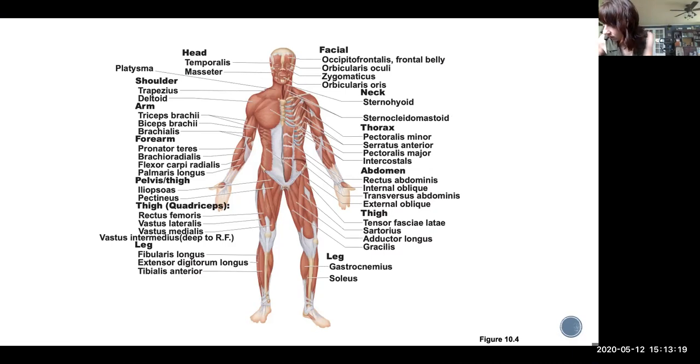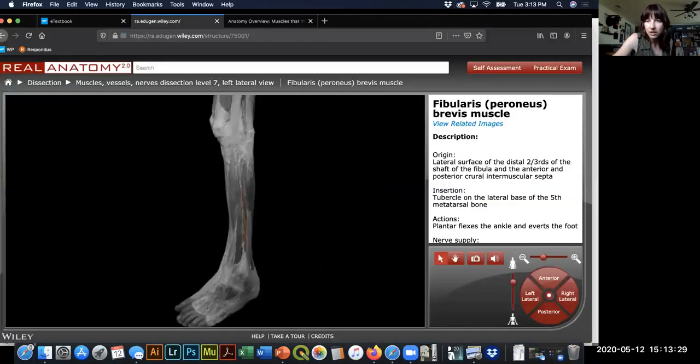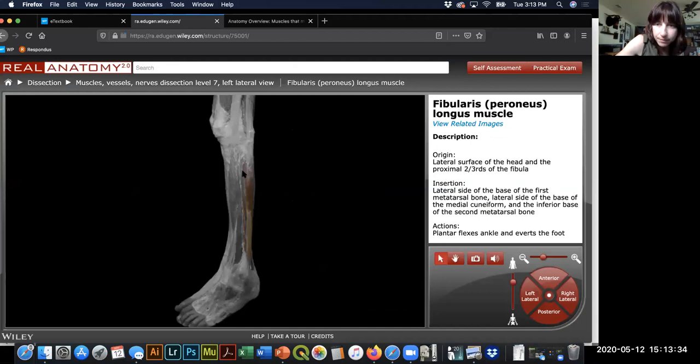Let's see, what's it called in your coloring book? Fibularis longus, okay? So in Wiley Plus, we call it the fibularis brevis. Oh, no, there's the longus, sorry. So there's the fibularis longus all the way on the lateral edge. We are ignoring the fibularis brevis for now.